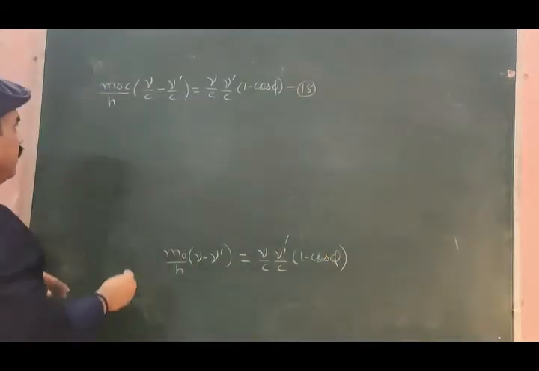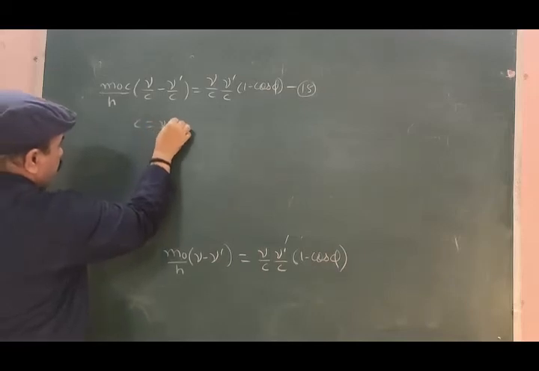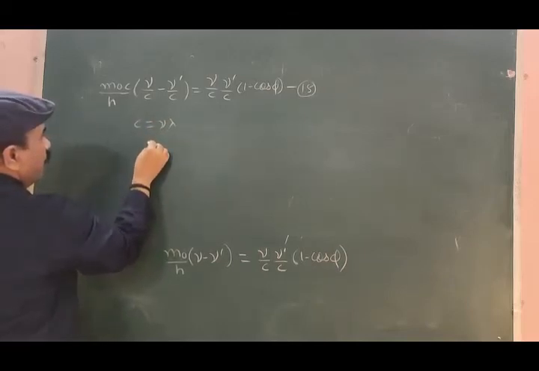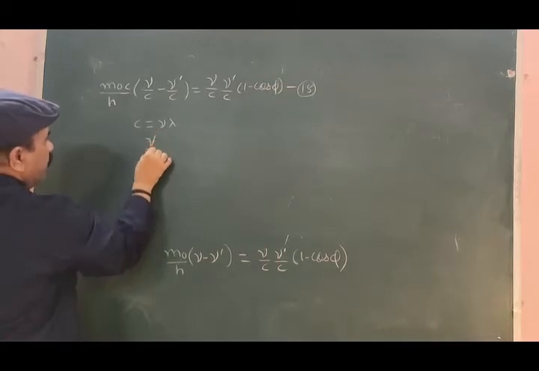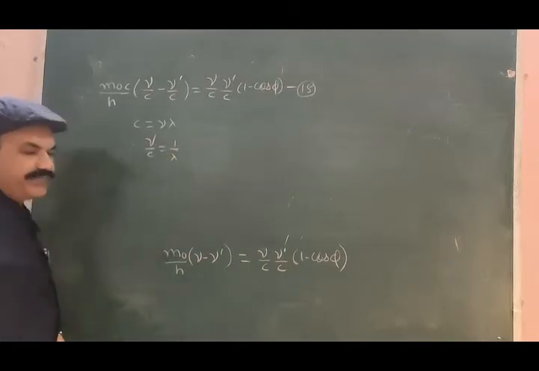Then, you know one thing, c is equal to nu lambda, and therefore nu by c is equal to 1 by lambda.